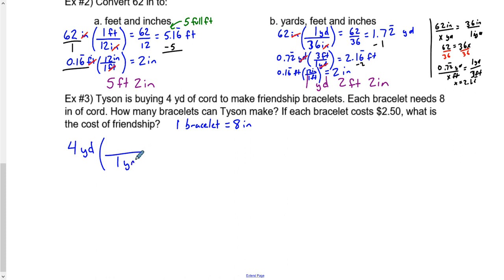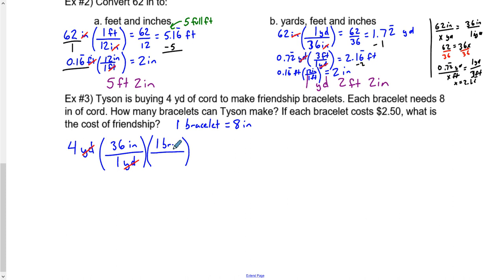Well, 1 yard is 36 inches. But we don't have to be left with that right there. Because yes, our yards would cancel off and we'd be left with inches as a unit. The reason why dimensional analysis is so great is we can do dimensional analysis over and over and over again. Those of you that are planning on taking Physical Science 20 will be able to do multiple conversions, sometimes up to 5 different conversions, all in one step by using dimensional analysis.